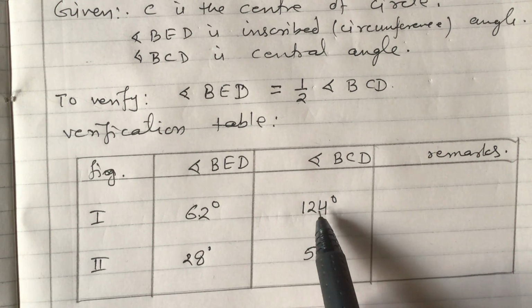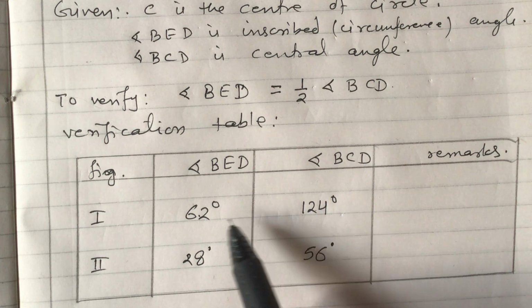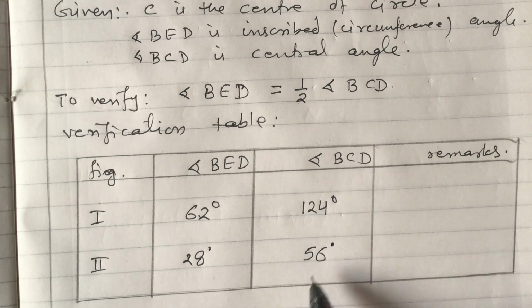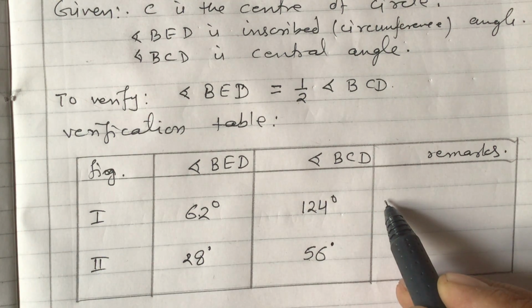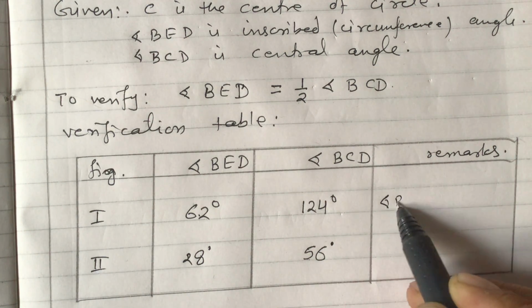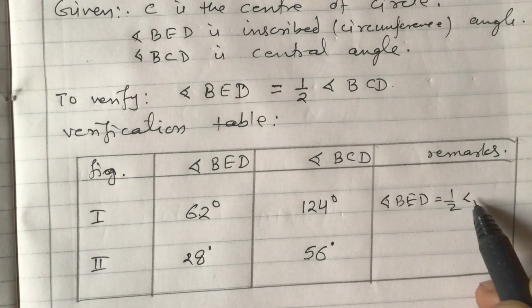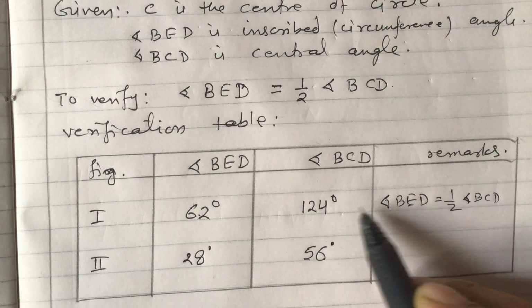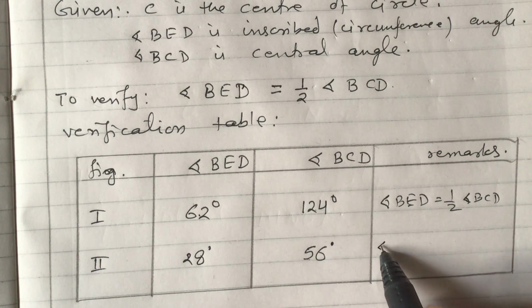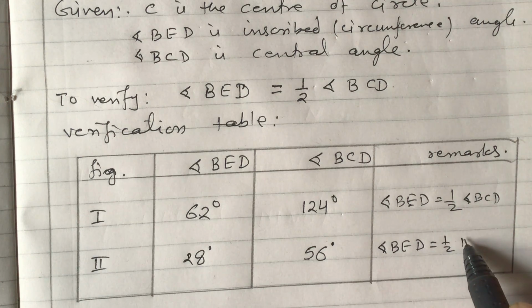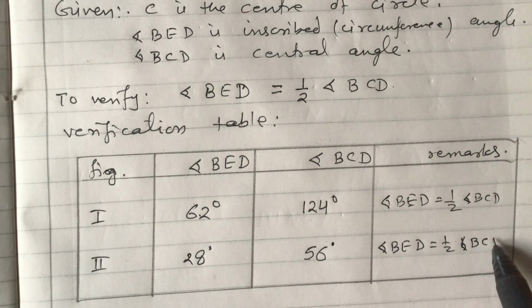This is half of this one. If you divide this one by 2, you will get this one. 2 6s are 12, 2 2s are 4, carry 1, 2 8s are 16. So angle BED is equal to half of angle BCD we got in figure number 1. In figure number 2 also, BED is equal to half of angle BCD we got.